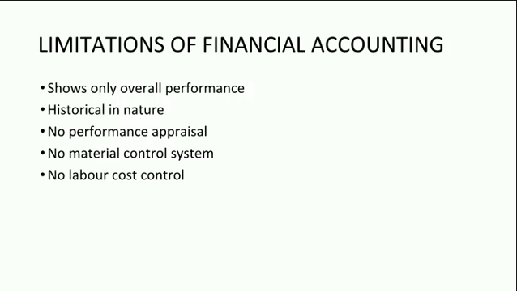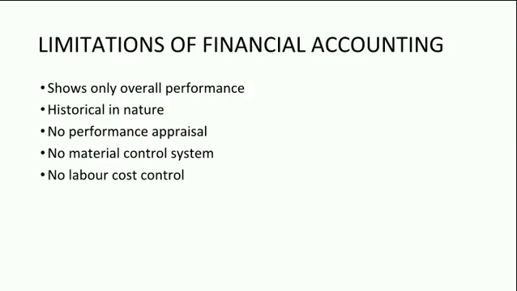The next limitation of financial accounting is that there is no performance appraisal. No performance appraisal in the sense that you are not able to identify whether any particular product is making a profit or causing a loss, whether it is hurting the profits of the organization. And there is no system other than the statements which are being prepared.